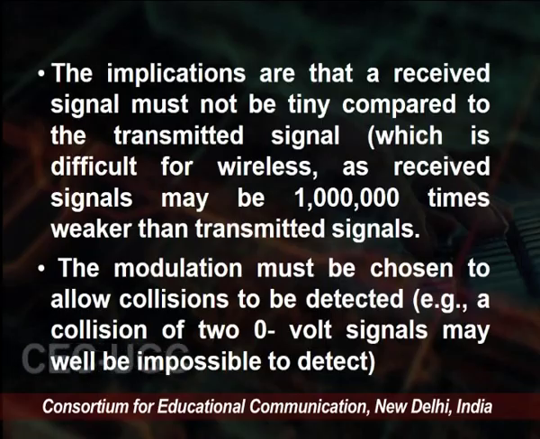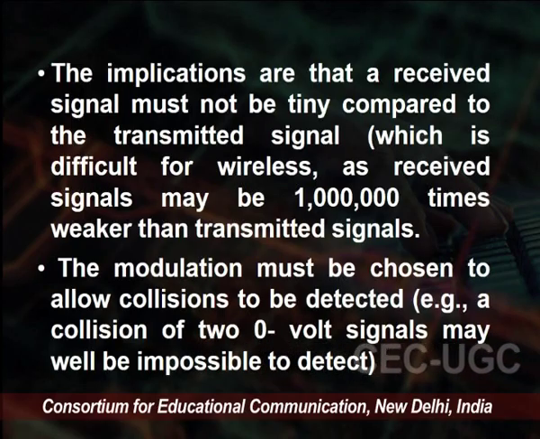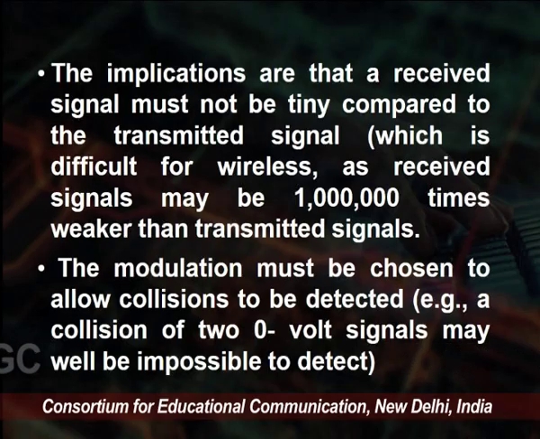The implication is that a received signal must not be tiny as compared to the transmitted signal. This scenario is very difficult for wireless. Why is it difficult for wireless?